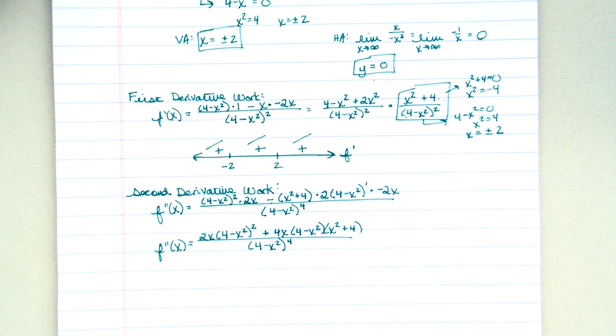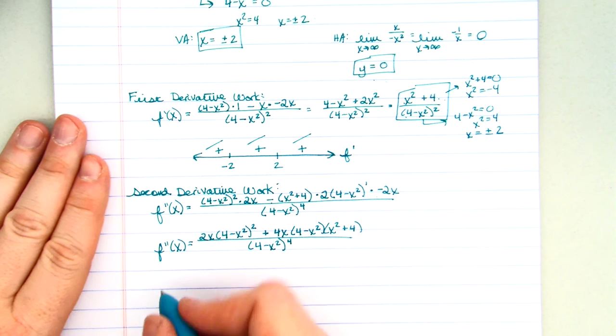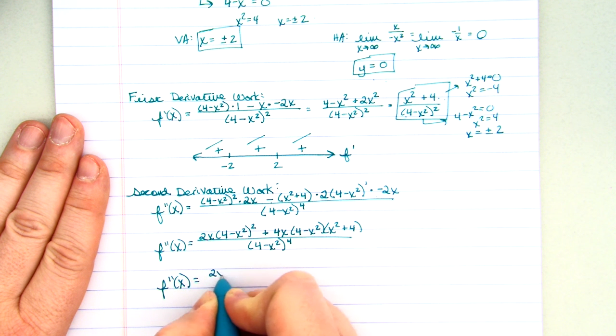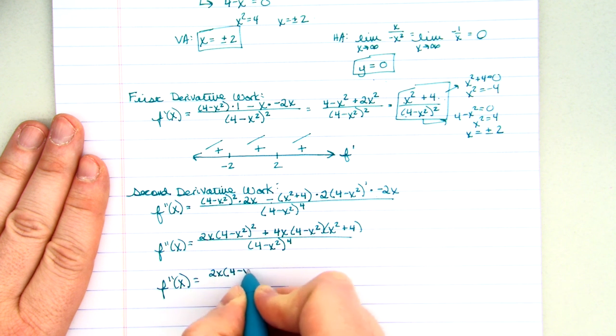I want to see if you can take a moment and factor out the GCF of the top. Actually, you know what? Factor out the GCF and see how far you can get with simplifying. If you do it correctly, it'll become nice enough. So I'm going to take out a 2x and a 4 minus x squared.